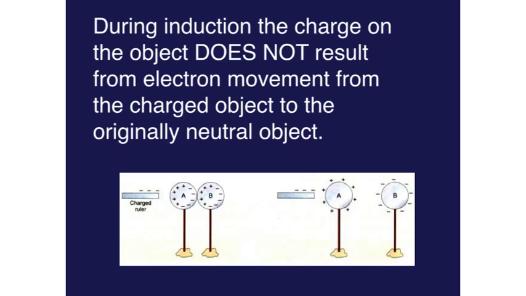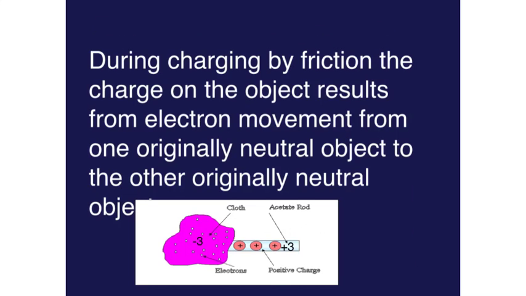We have these two spheres that are touching, and the electrons are going to move away. They can transfer from one sphere to the other. They move away because they want to get away from this charged item, but it doesn't touch. There's no touching here. And then when we separate the two spheres, the charges distribute themselves evenly, and we have a positively charged sphere and a negatively charged sphere.